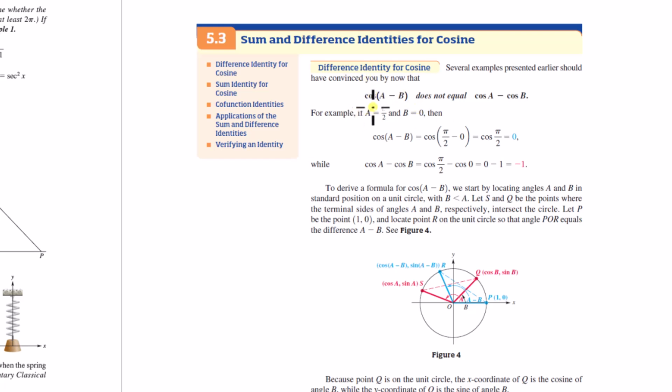But we know that cosine of A minus B does not equal cosine of A minus cosine of B. Our intuition up to this point would tell us that, and they go ahead and say, what if A was equal to pi over 2 and B was equal to 0, and they show that this is not true. That's just one case, so maybe it's true for another case? Maybe you pick another A and another B, and then cosine of A minus B is equal to cosine of A minus cosine of B, but then that wouldn't be an identity.